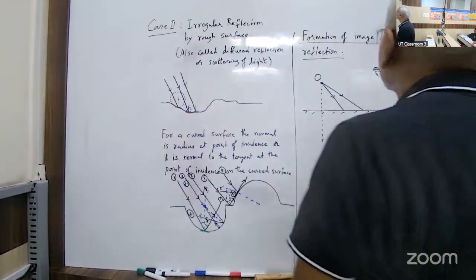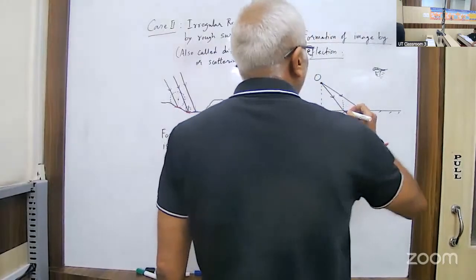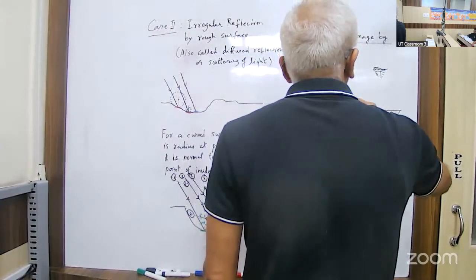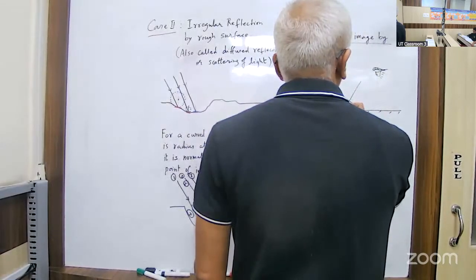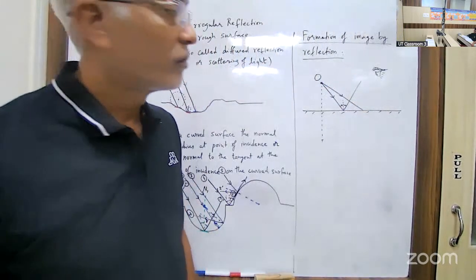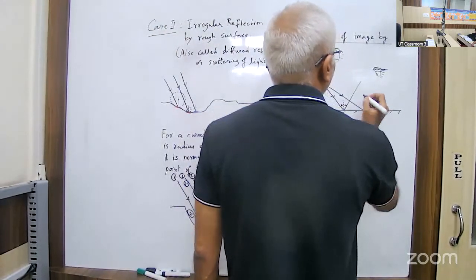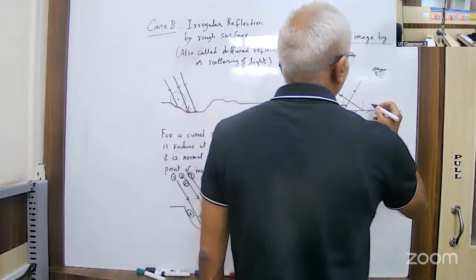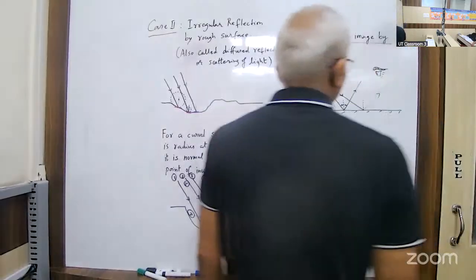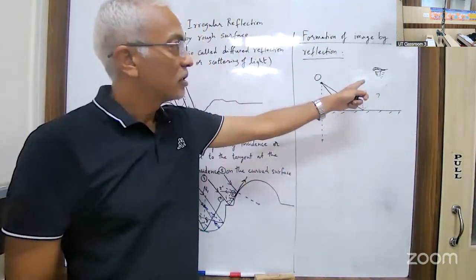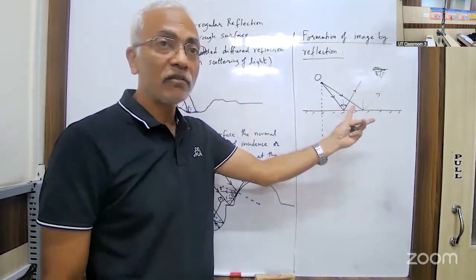There. So I'll draw the reflected ray. I'll draw this, and this angle will be equal. Then I draw the normal here again because I want another reflected ray. This time the angle will be bigger. Okay. So these rays, are they parallel or diverging?